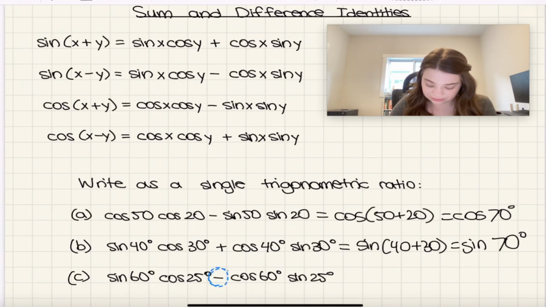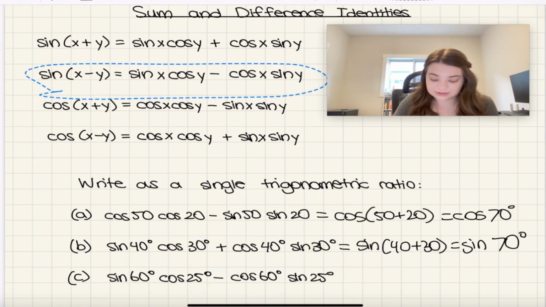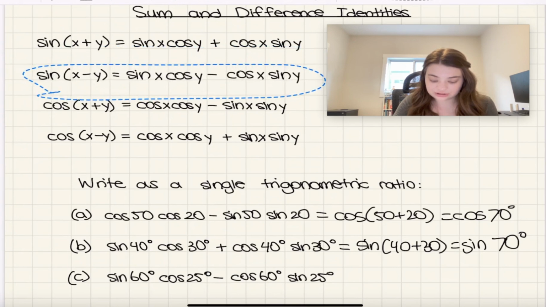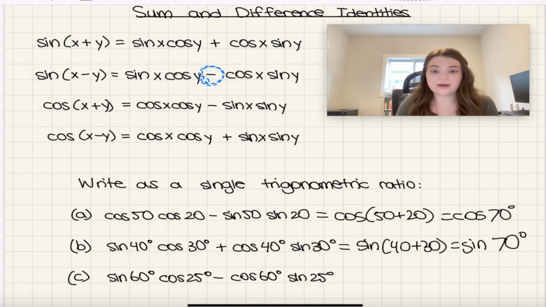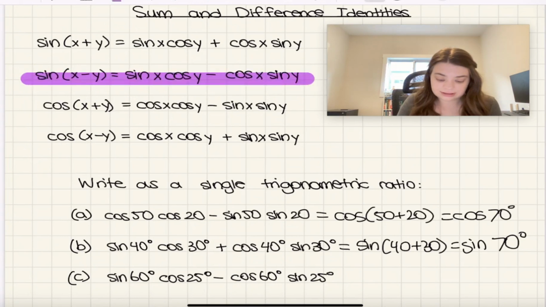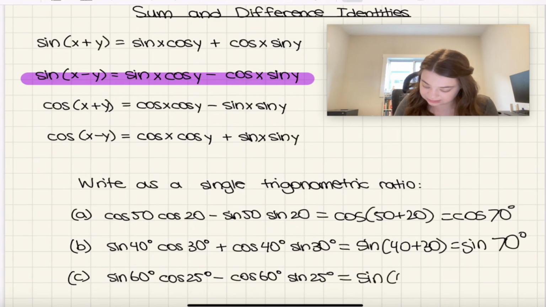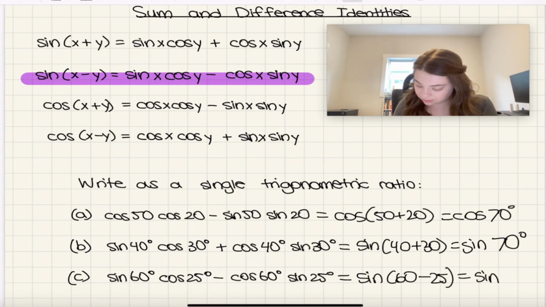Then we're going to notice that there's a subtraction sign here, and it's this one here that has that same subtraction sign right there in the same spot. And so therefore, it's the second identity, the difference identity for sine that we're going to be using here. So therefore, this is equal to sine of 60 minus 25, which is equal to sine of 35 degrees. And that's all. There we have it.